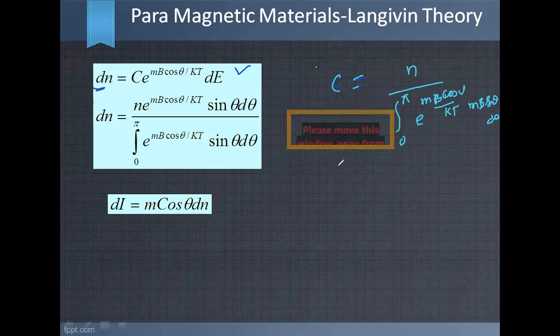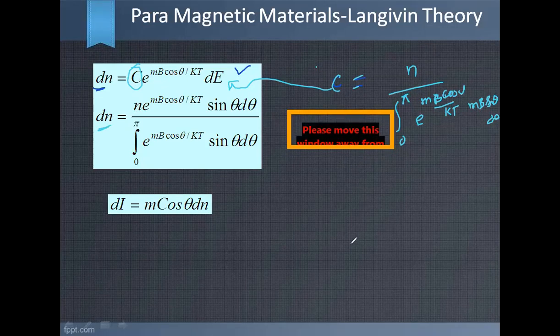Note it down. Then we bring this C and substitute it here. Wherever you have C, you should substitute it. In that case, what are you going to get? Tell me. dn is equal to C; C value is n by the whole of this.